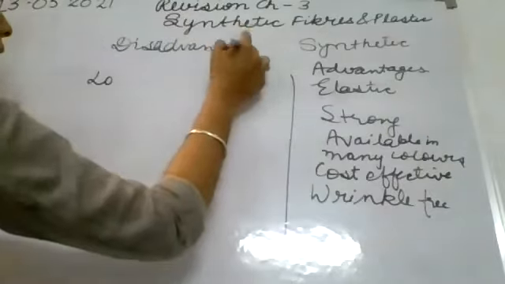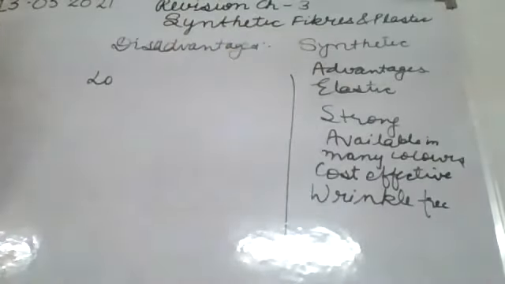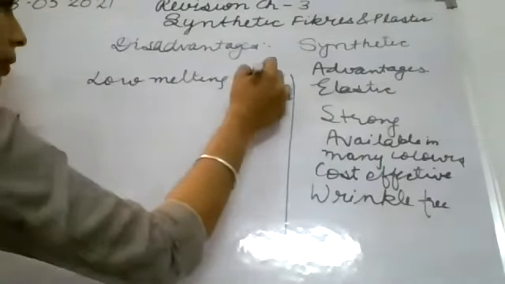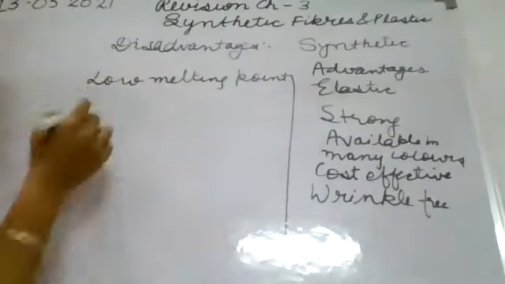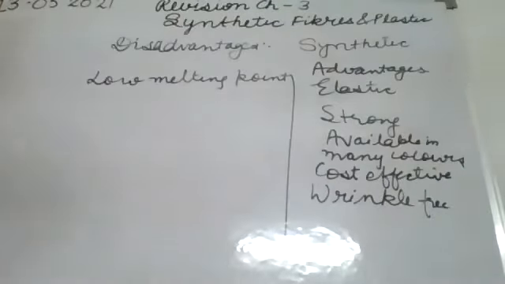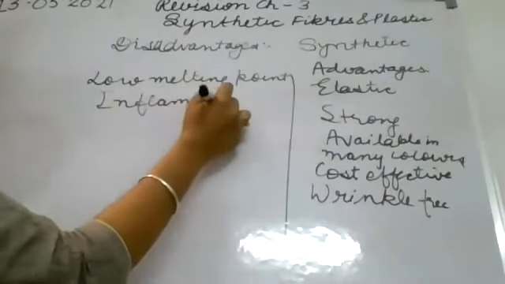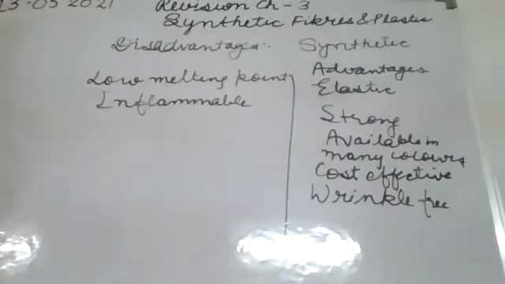Yes, it catches fire, and if it catches fire, then it will release so many types of gases that are harmful for the people. Do not absorb much water. So it is inflammable also, and non-biodegradable.